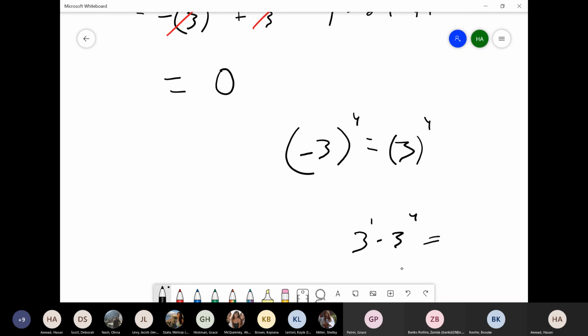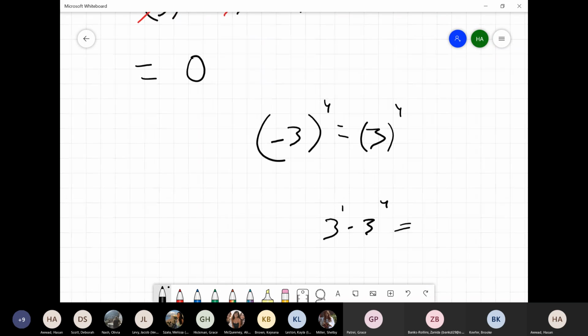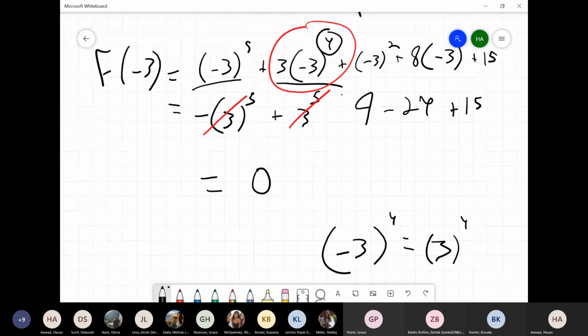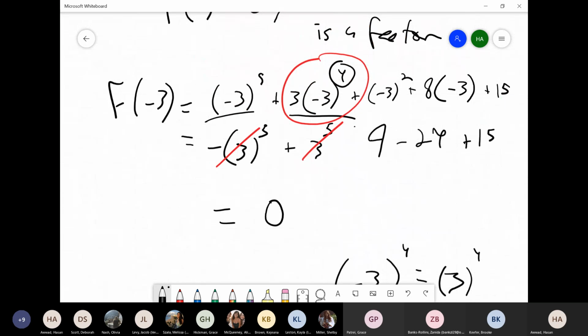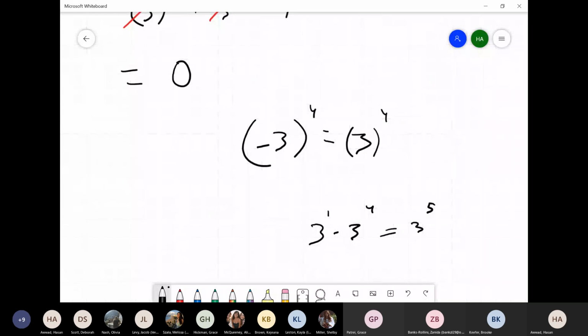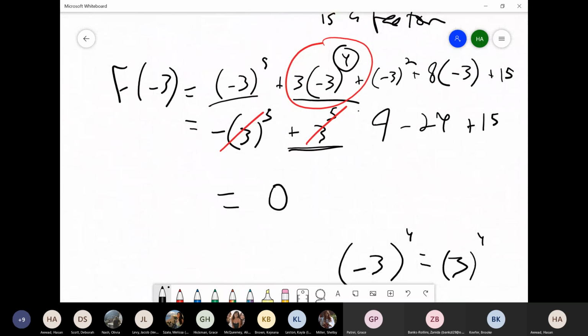So I'm just adding the exponents together, and the exponent of the coefficient of 3 is just 1. Right? So when I'm adding the exponents, I just have 1 plus 4, which gives me 3 to the 5th. So that's how I simplified the piece circled in red. So I know that I have a positive 3 to the 5th here. So that's this positive 3 to the 5th.